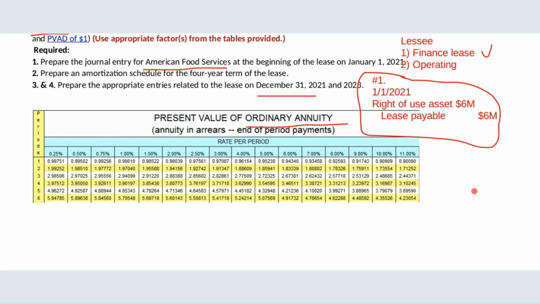That's the fair value of the lease, and we're going to divide it by our present value factor to come out to the lease payments. So we're going to go to column 10, and n is equal to 4. So the factor is 3.16987.